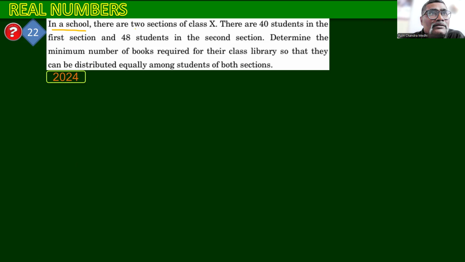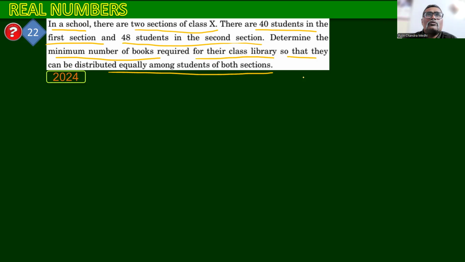In a school, there are two sections of class 10. There are 40 students in the first section and 48 students in the second section. Determine the minimum number of books required for their class library so that they can be distributed equally among both the sections.